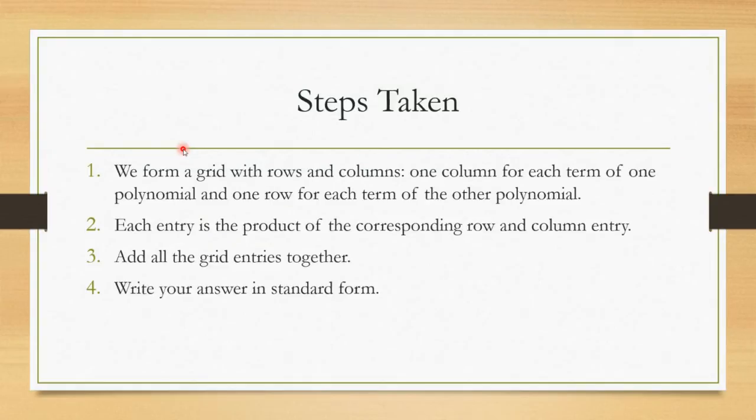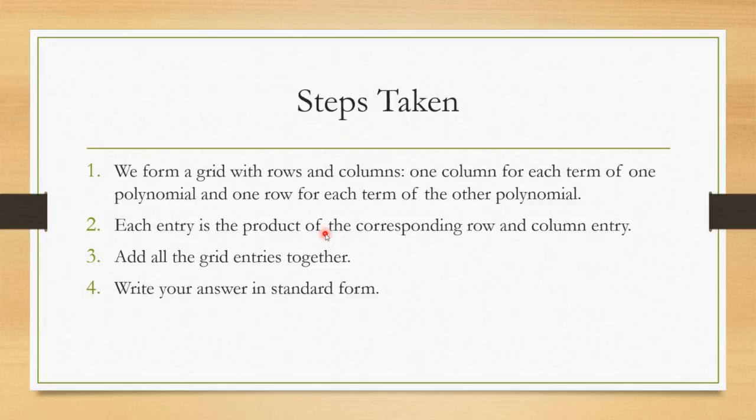Okay, so you're going to end up getting grids, as you'll see. And then to get each entry in the grid, you multiply the row and the column entry. You'll see when we do some examples. I know just reading this process might be confusing, but when we do some examples, it should make sense.